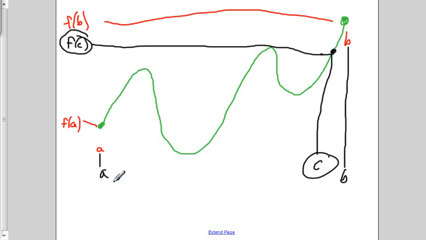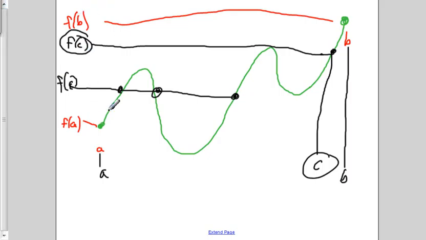Here's b, here's a, and that's all they're saying. And again, you could have multiple places where it happens. Here would be an f of c where that would fall at a few different places. So f of c is going to be equal to that y value.